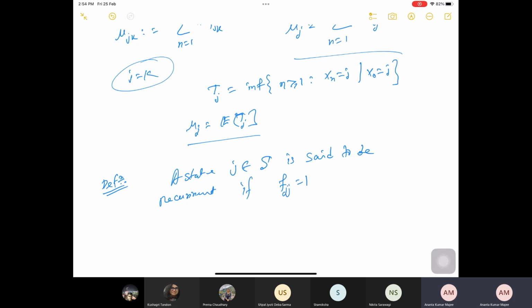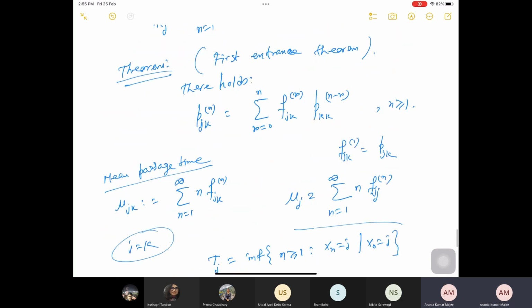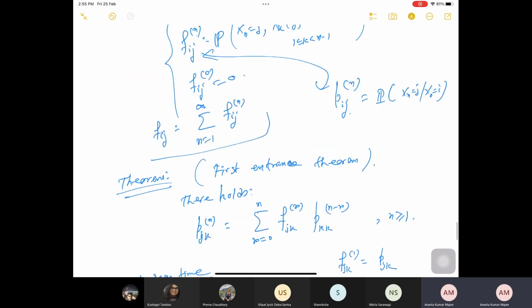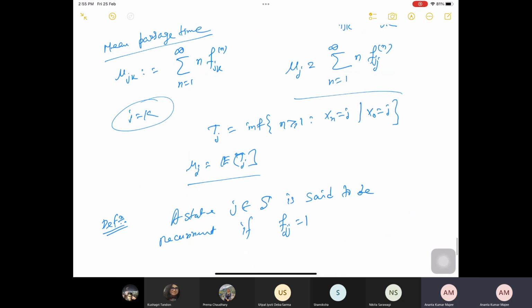So what is your f_jj? That means that starting from state j, ever making a transition to state j is always possible. That is f_jj, no? F_jj we have already defined: f_ij is the summation over n equal to 1 to infinity of f_ij(n). This is the probability of ever making a transition to state j, starting with state j. So that is called, it is certain.